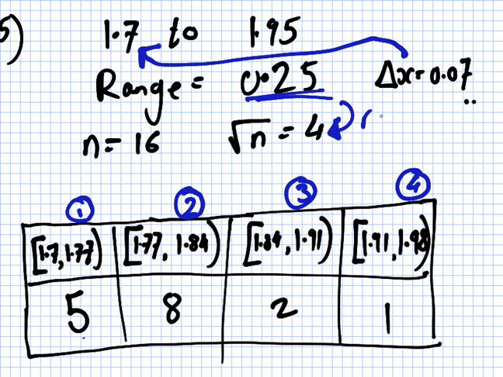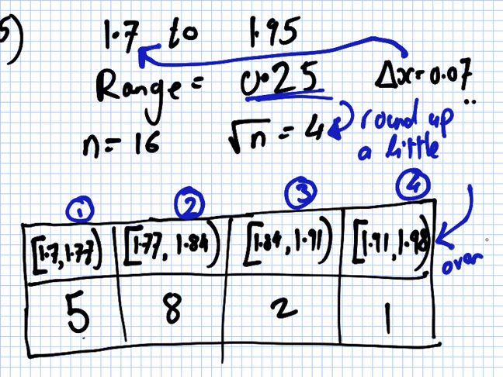And it's okay if you want to round up a little. It just means that at the end you go over, which is fine. If you go a little bit over, it's acceptable. There's no problem. It makes it neater too, because there's only one significant figure here instead of 3. It's messier.